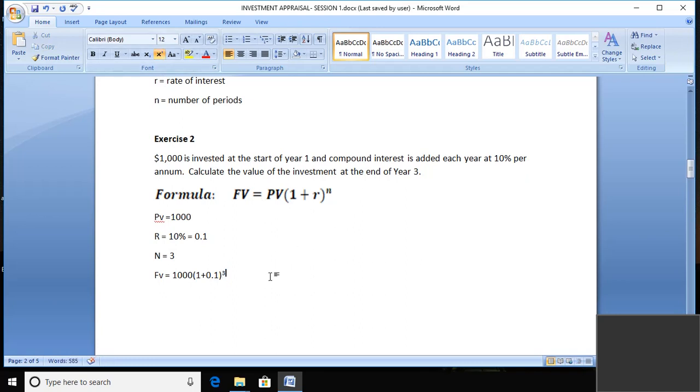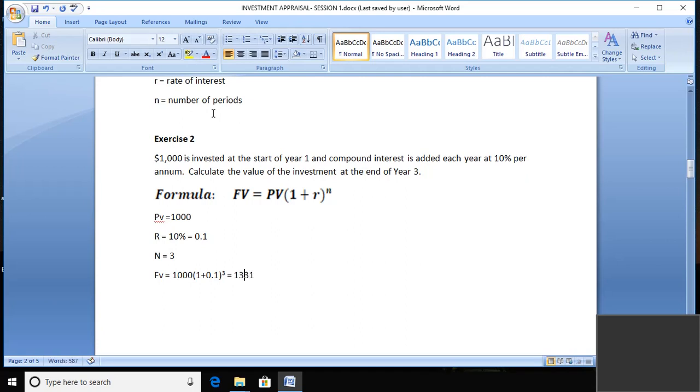All right, so that makes a lot of sense. Now tap that in your calculator. You have 1.1 to the power 3 multiplied by 1,000. You should get 1,331.